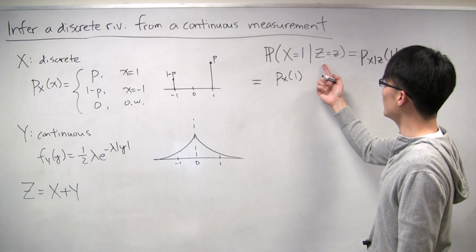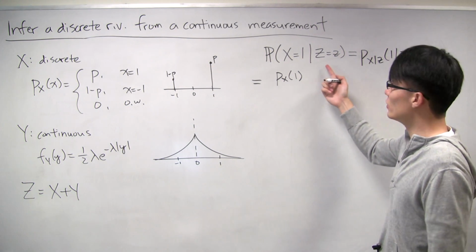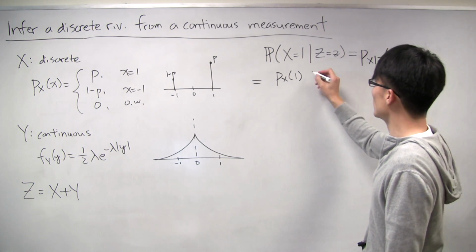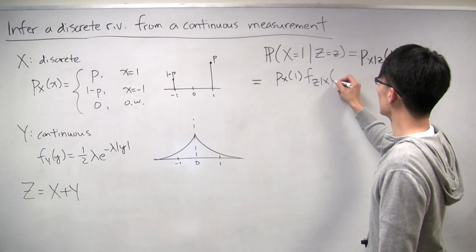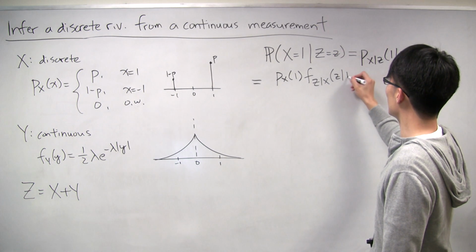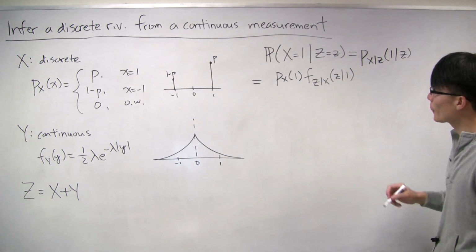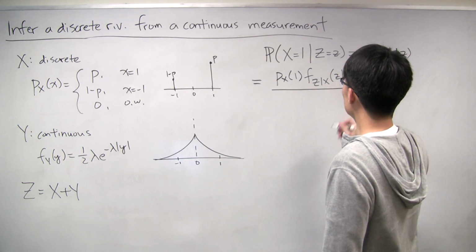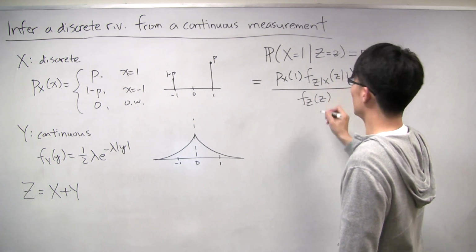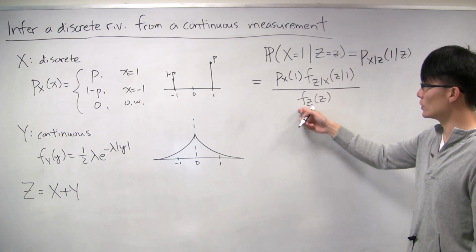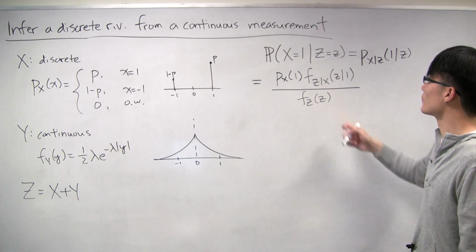So now it's going to be a conditional PDF of z, since z is continuous. It's going to be a conditional PDF of z given x, evaluated at some little z, conditioned on x being 1. And the bottom is just the regular PDF of z.